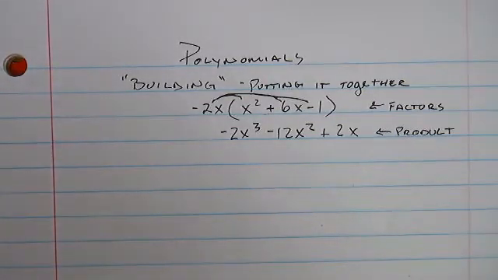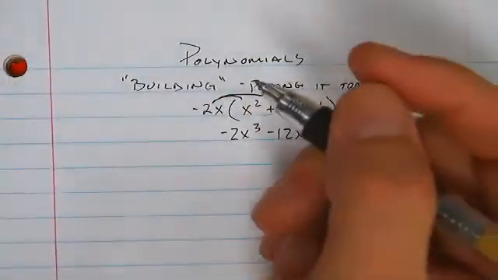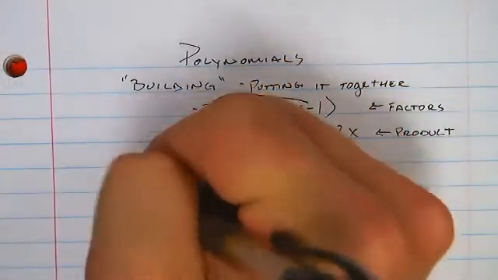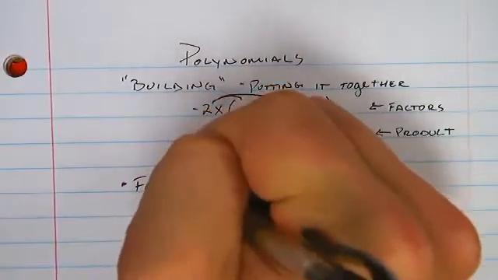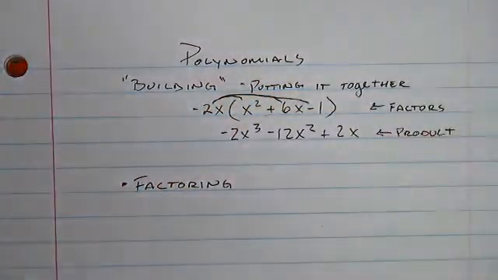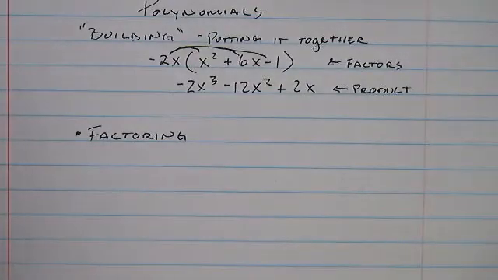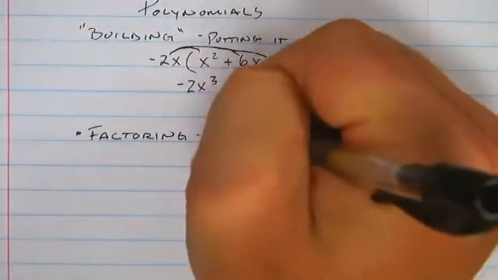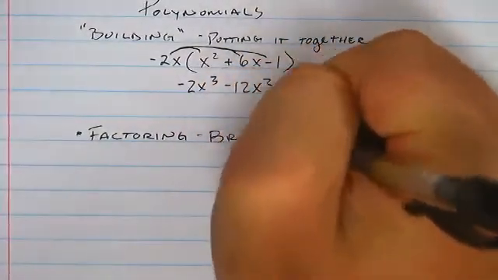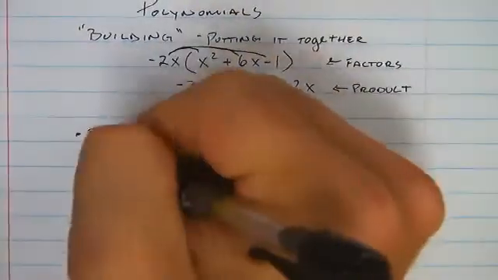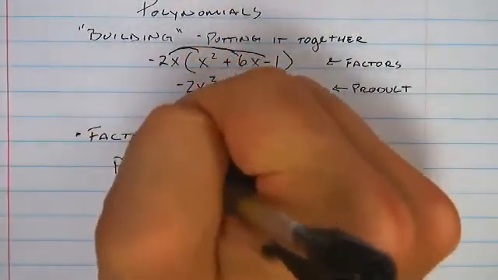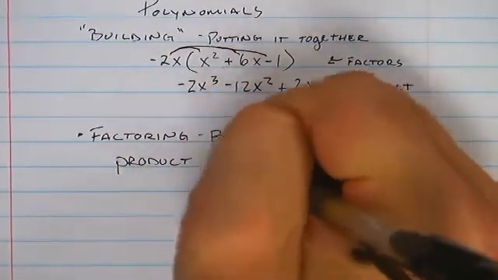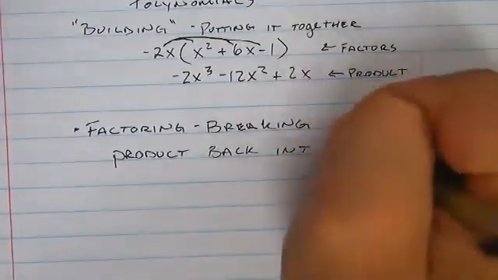And so today, what we're going to be doing is what's known as factoring. Now there are many different ways to factor polynomials. We're going to start with the most basic of approaches. This doesn't really get us answers, but it does help us start to break things down. Breaking a product back into factors.